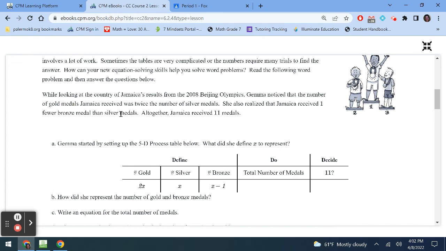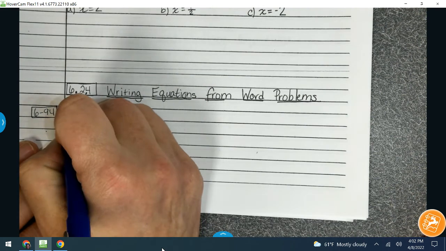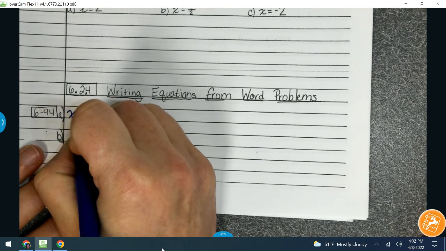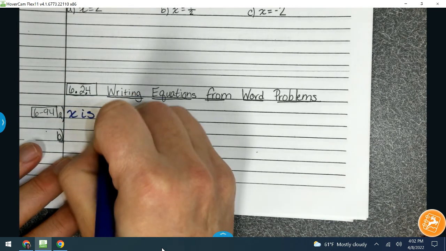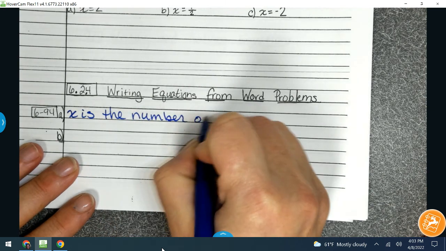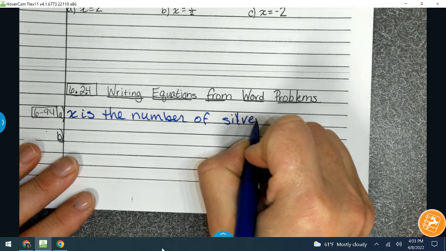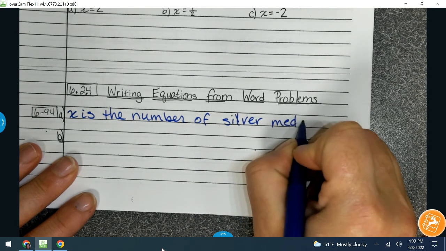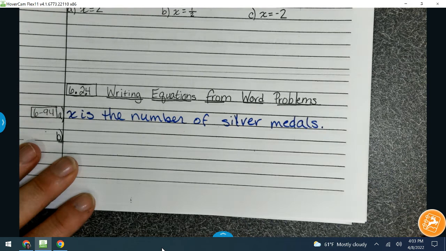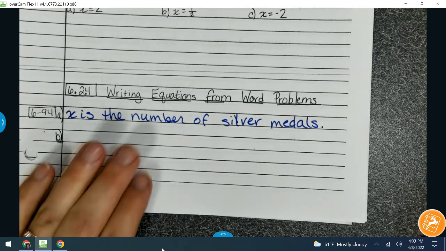So that is what our X is going to be, the number of silver medals. And this is important so that when we get to the end and we know what X is equal to, we know what it is that we have measured.